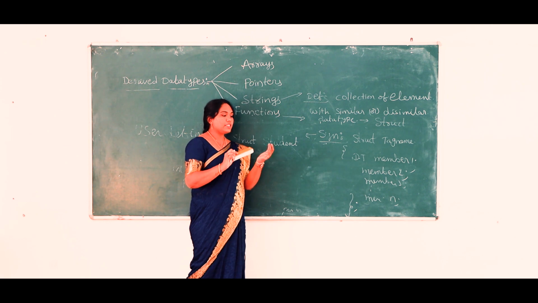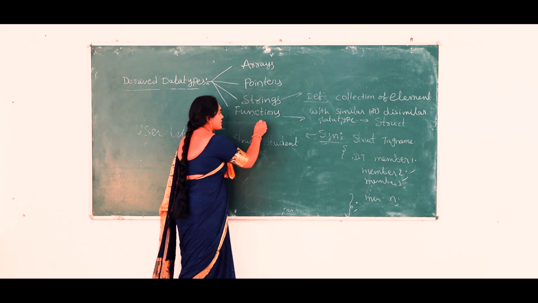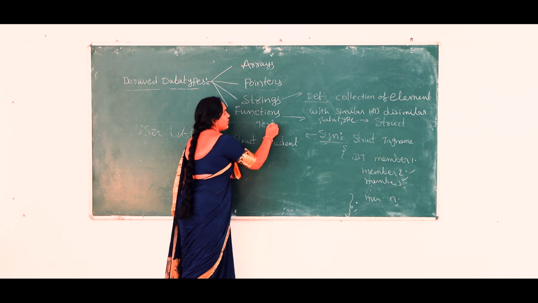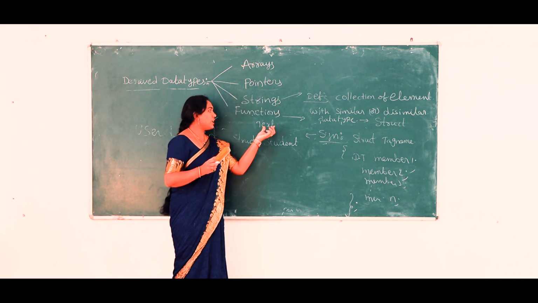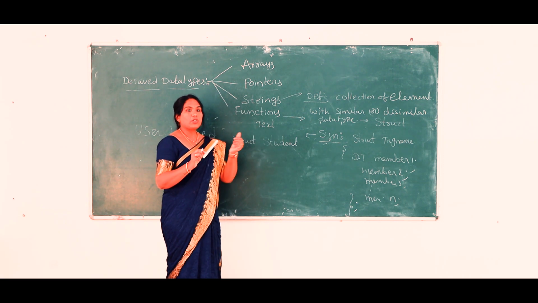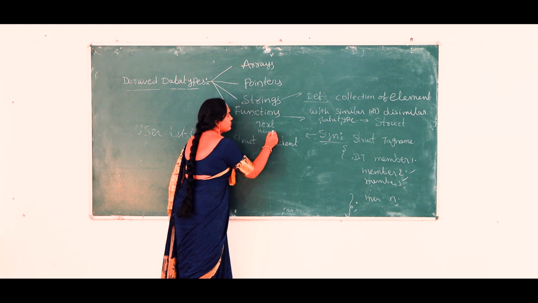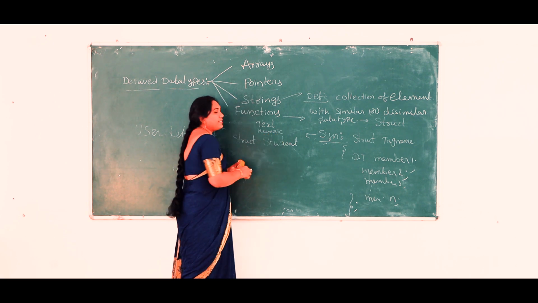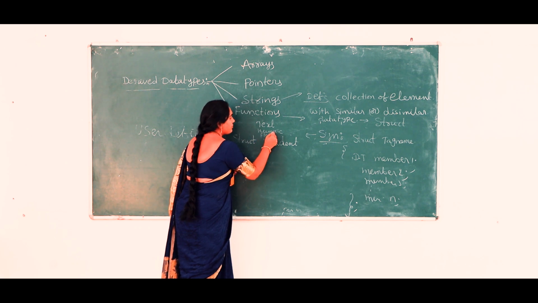The first thing is the student has a name. That name is in the form of text. No one has a numeric name, right? Because of that, the name is in text form. The roll number is in numeric form. And then marks, those marks are in the form of float.